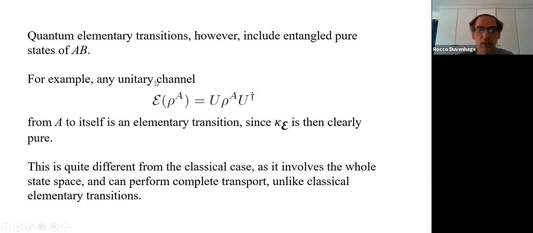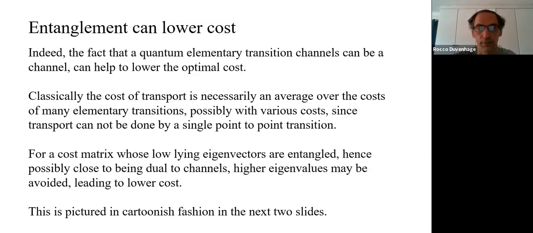But in the quantum case, a unitary channel, in other words, given by a unitary map, let's say from the system A to itself, is in fact an elementary transition. So the elementary transitions in the quantum case are potentially much more involved than in the classical case. Because as this is a channel, but also an elementary transition, it means a single elementary transition can perform the complete transport, which is very, very different from the classical case where you necessarily need many elementary transitions in order to build up the transport.